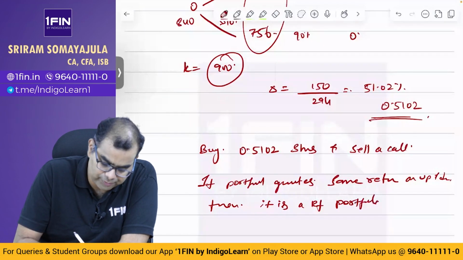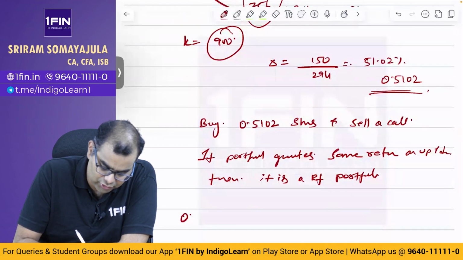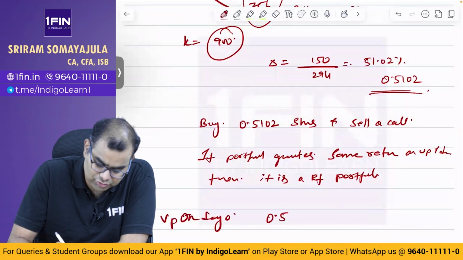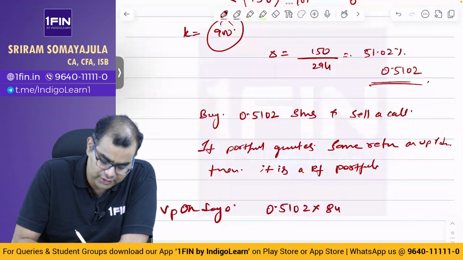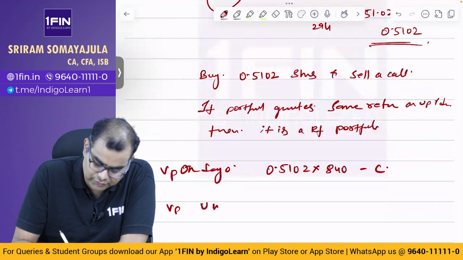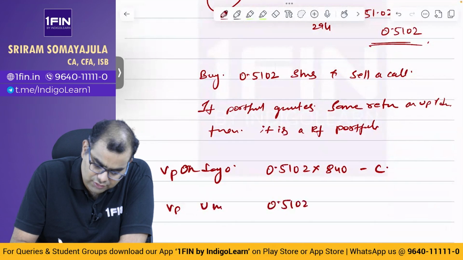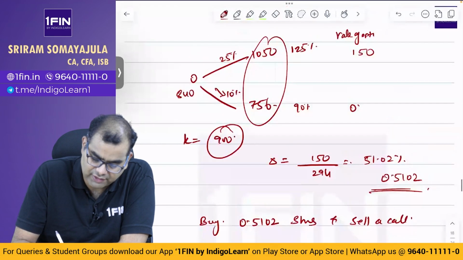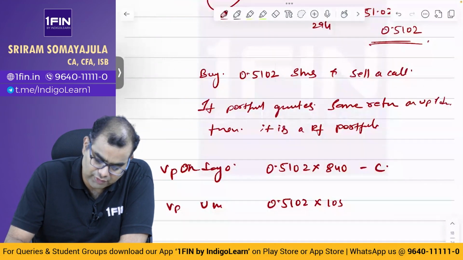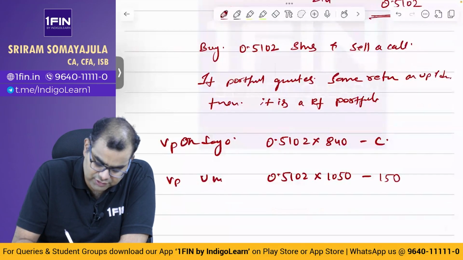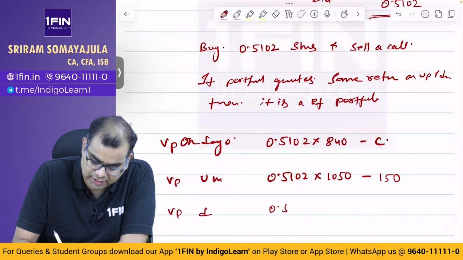What is the value of the portfolio? Value of portfolio on day 0 is 0.5102 into the current spot, which is 840, minus call. Value of portfolio on up is 0.5102 into 1050, and the value of the call option is 150 because you have sold a call. Value of the portfolio on down is 0.5102 into 756 minus 0.